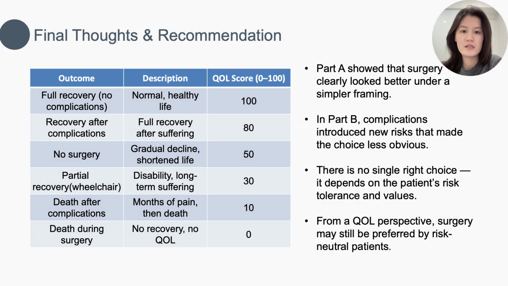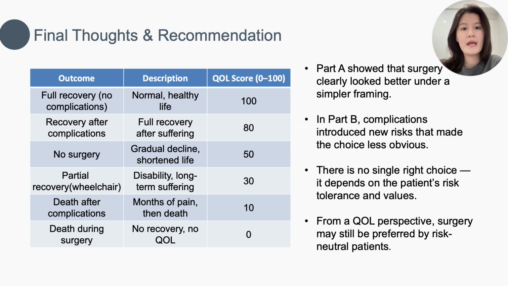Let's see how these scores affect our view of the decision in both scenarios. In Part A, the structure was simple. The surgery had a high chance of full recovery and only a small chance of death. With that framing, surgery clearly seemed like the better choice compared to a certain decline without it. But in Part B, things become more complicated.